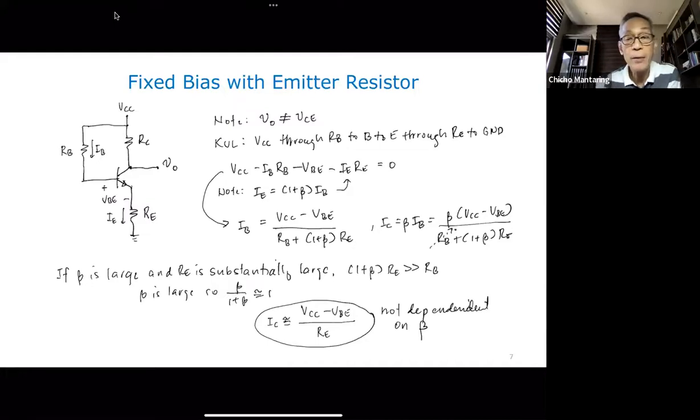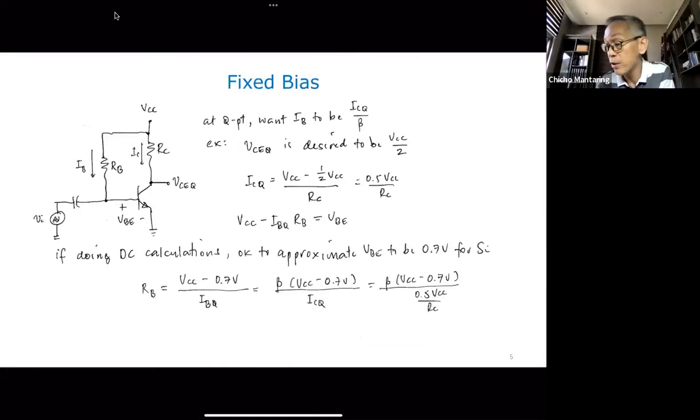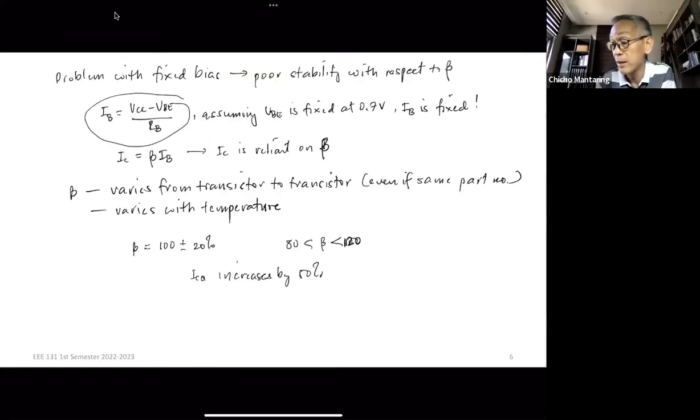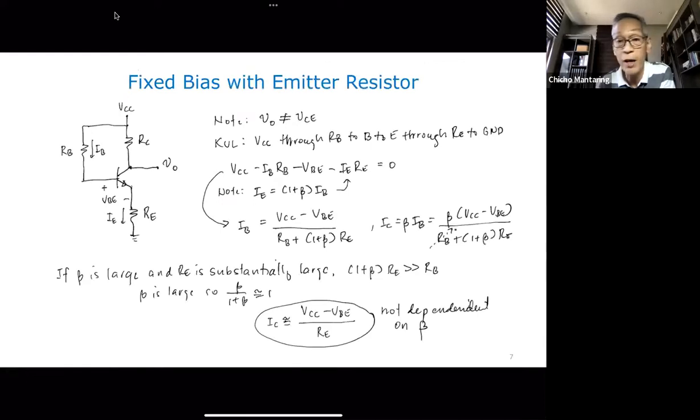Hindi kagaya dun sa fixed bias dito, okay, where I sub C was highly dependent on beta. I sub C was highly dependent on beta. So dito, my computation for I sub C shows that it is not dependent on beta as long as I satisfy this condition.